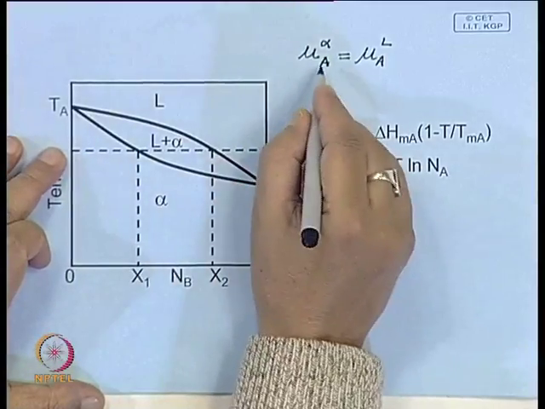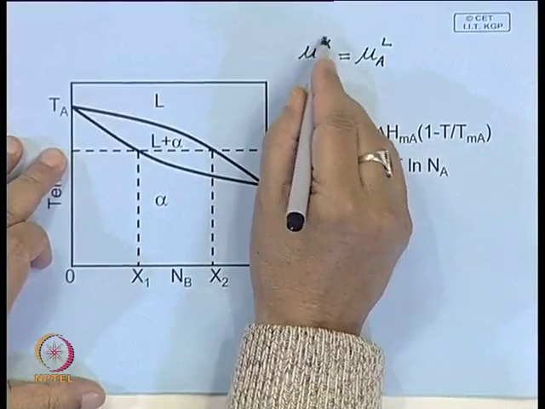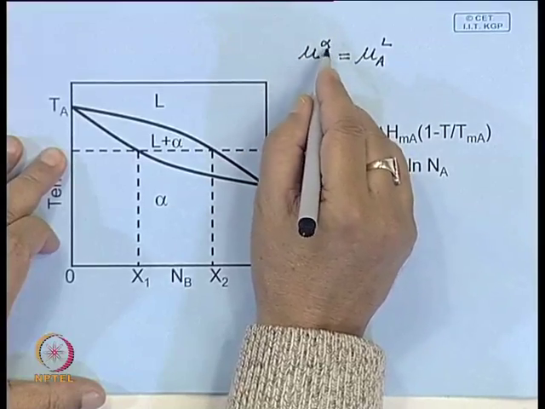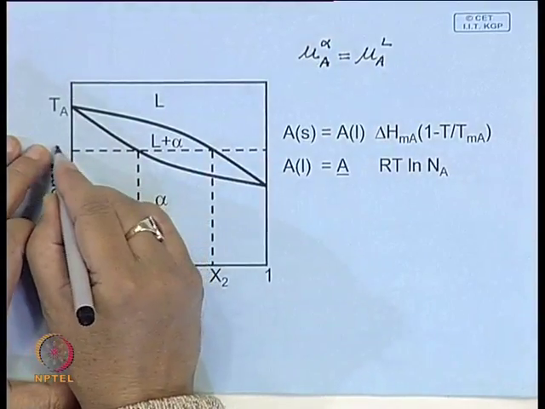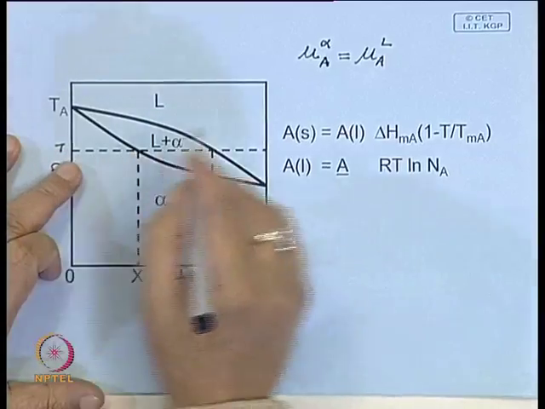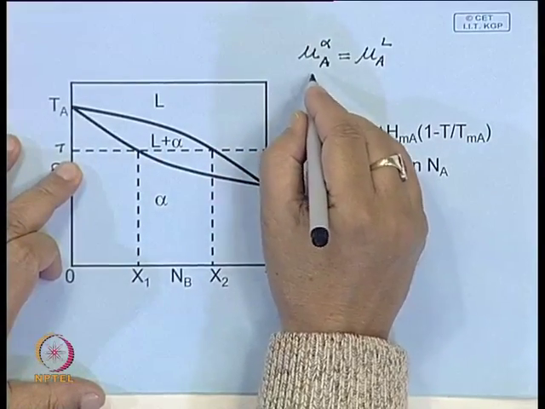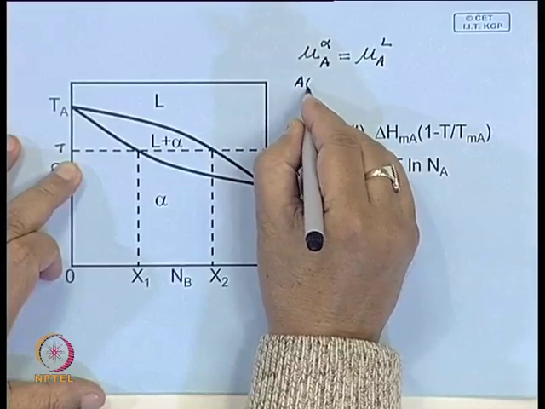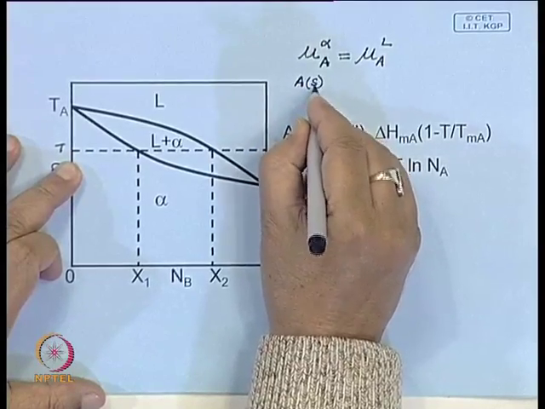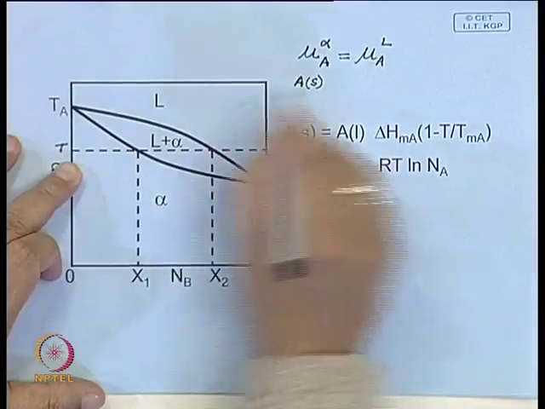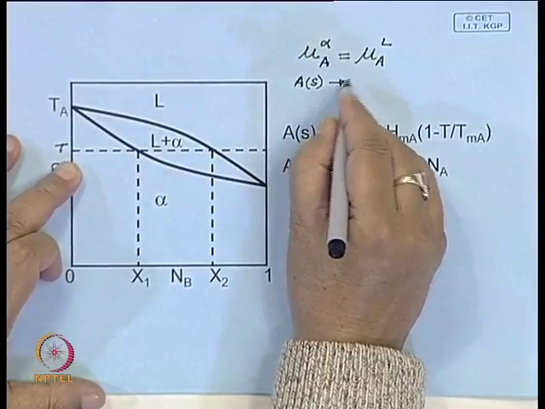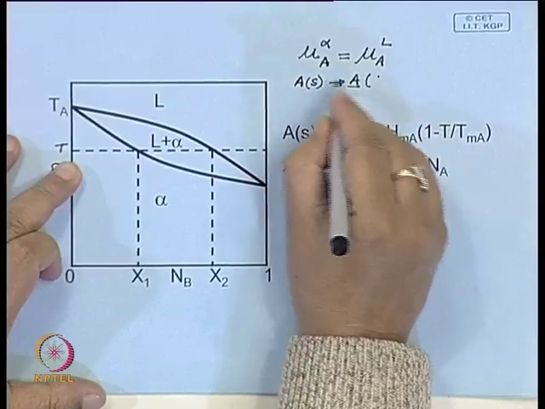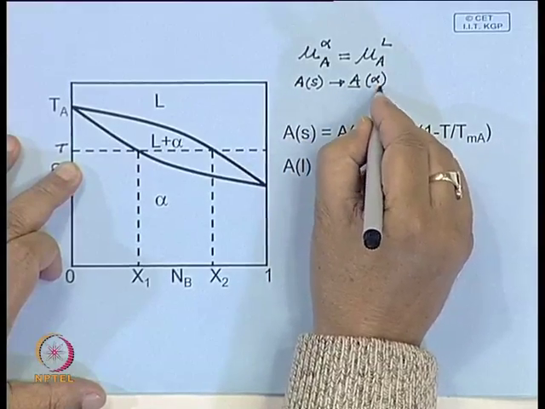Here you can visualize a solid solution of alpha being formed at this temperature T. Pure A, that is solid at temperature T, goes into solution, we call this solution alpha, which is also solid.